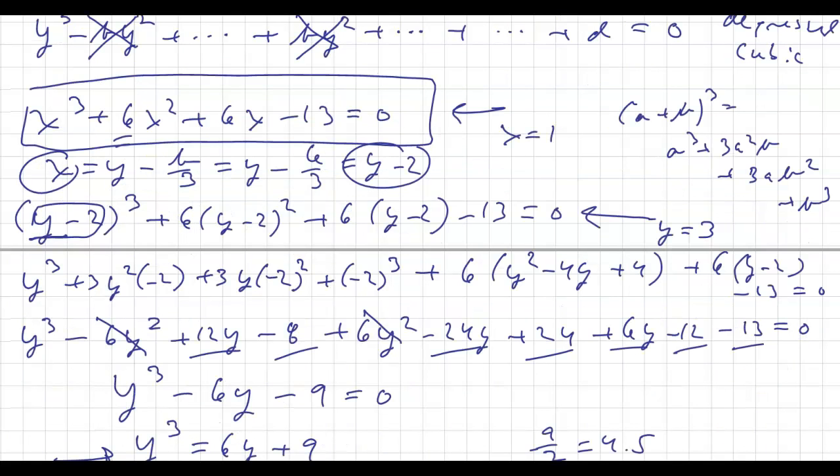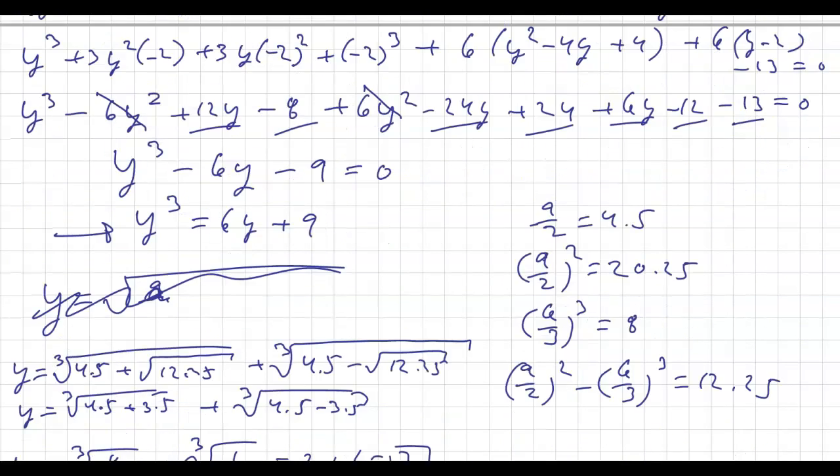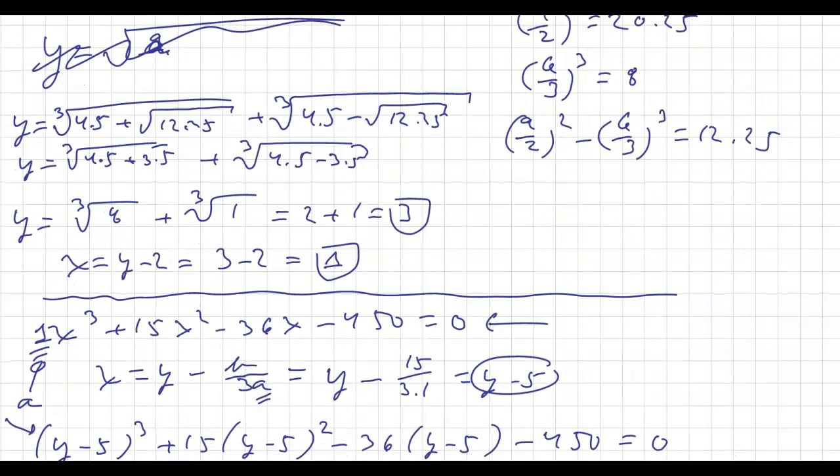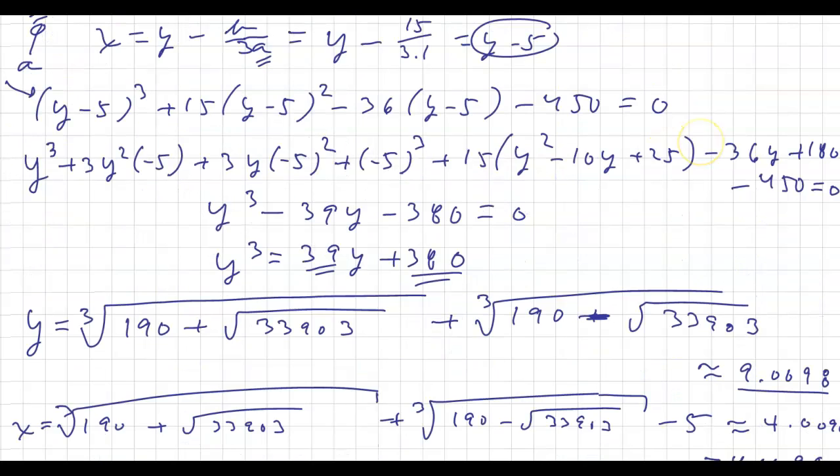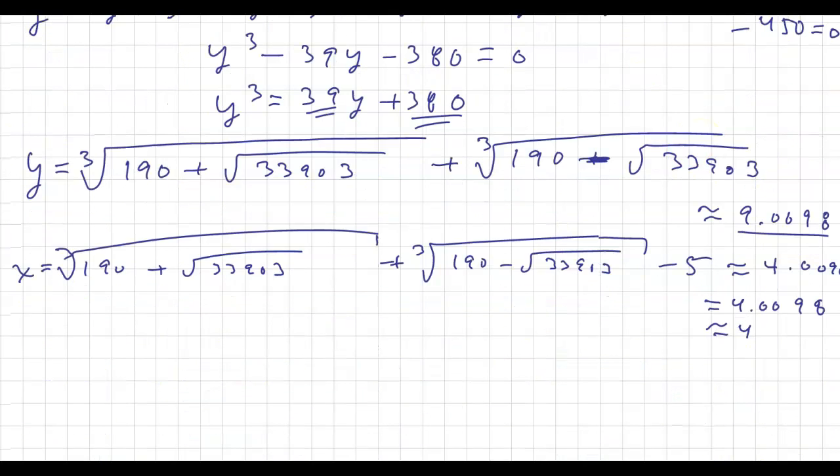And then I use it to solve this cubic. And then I use it to solve this one. So this answer is about 4.0098. And this was the process for it. Without a calculator, you'd have to write the answer like this.